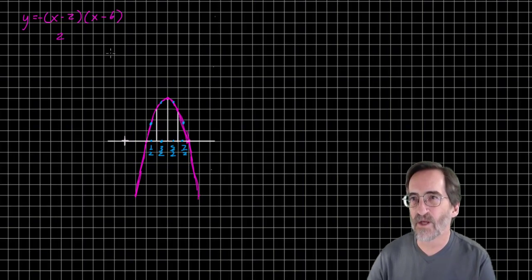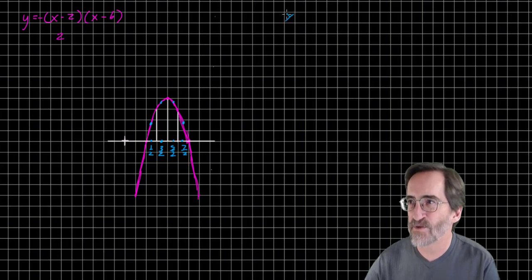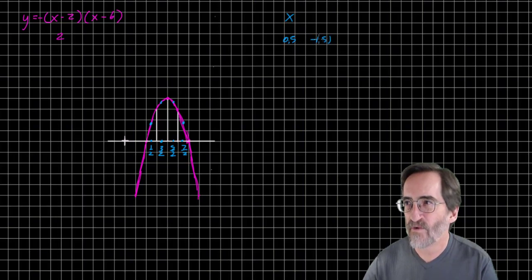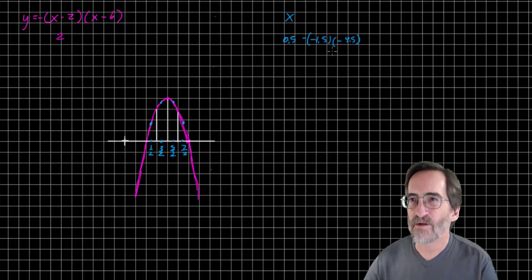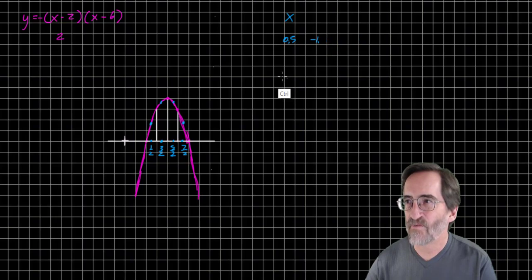That takes a little more calculation here. So let's do a table, x equaling 0.5. Actually, no. Oh, duh, I gave the wrong value. It's not 0.5.